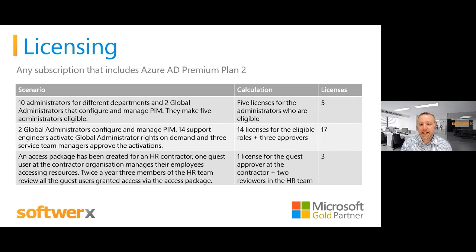And then anybody else in that process that's doing the reviews, they will also need the license in order to approve or review and perform the reapproval on the review. So hopefully that gives you a few ideas about how you'd need to license it. It's for individuals that are participating in the functions within the PIM service.